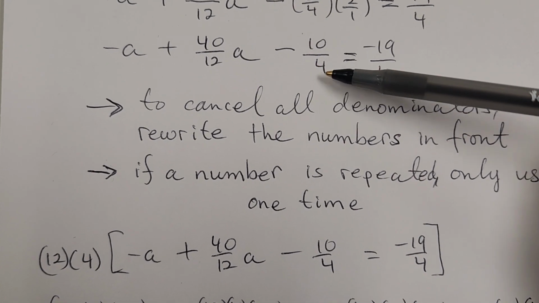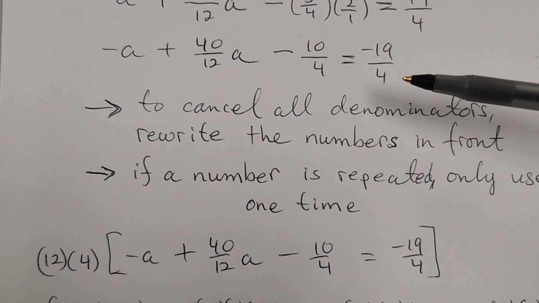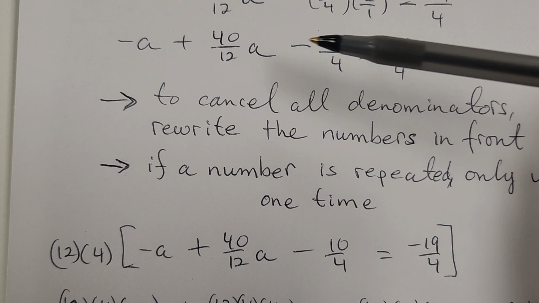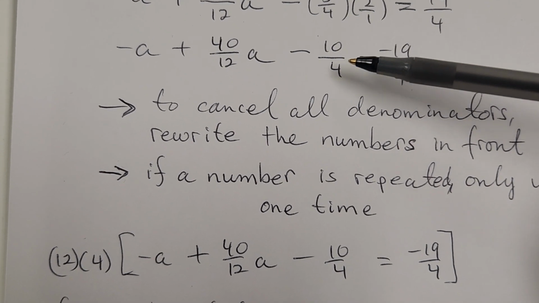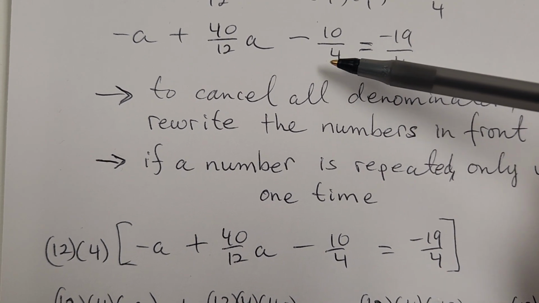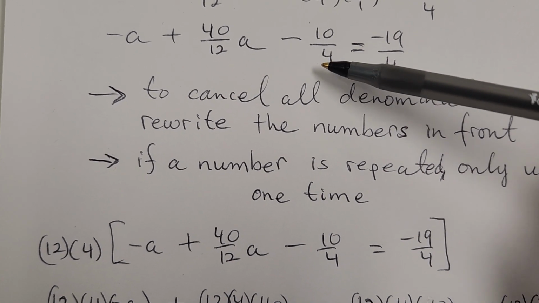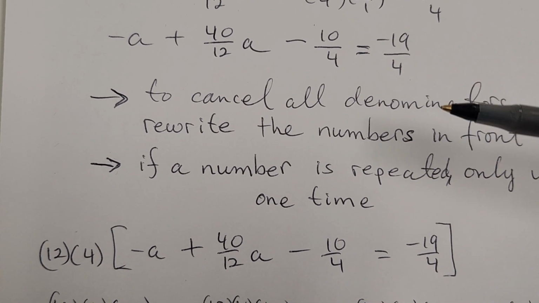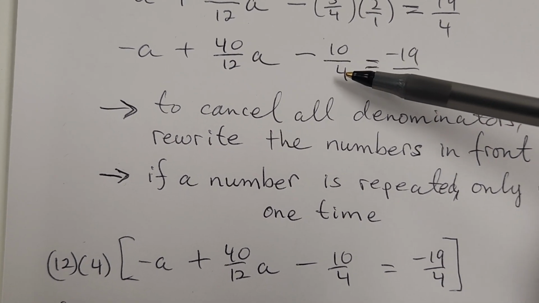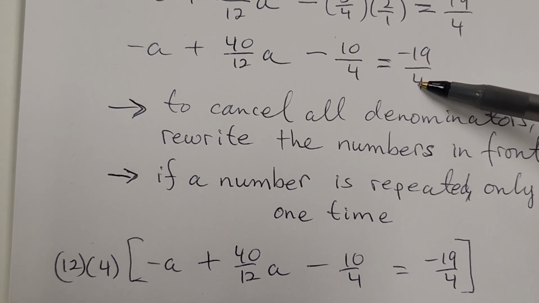However, these two 4s are exactly the same thing. So therefore, you are only using 12 and one of the 4. Do not write two 4s, just one of the 4. And the reason is because these two numbers are the same. So one more time, use 12 and use one of the 4.